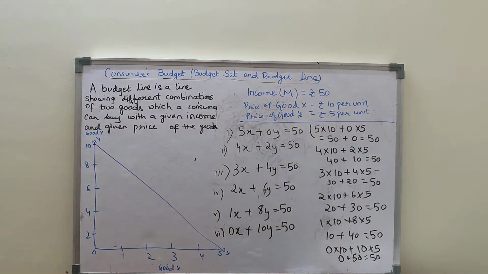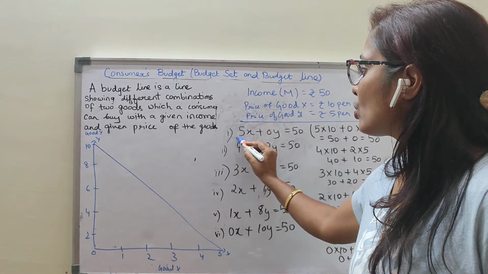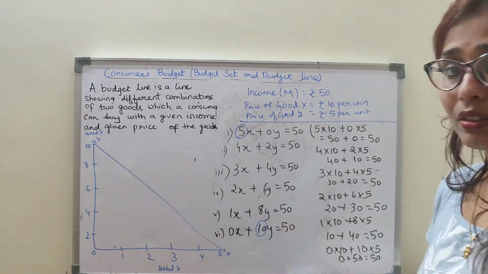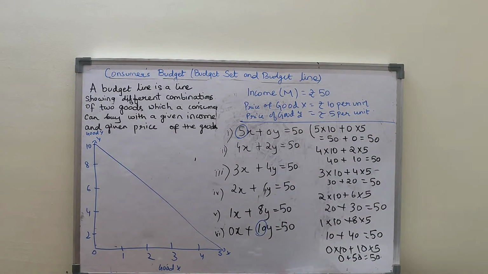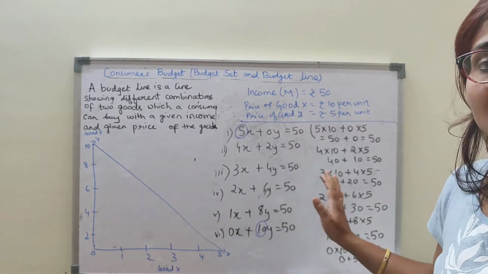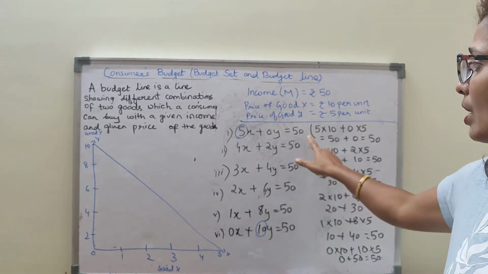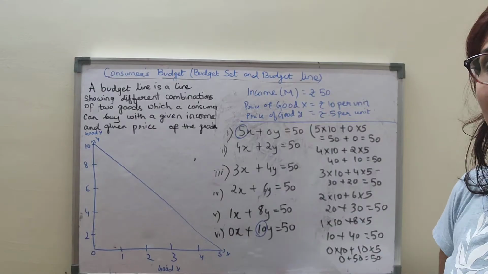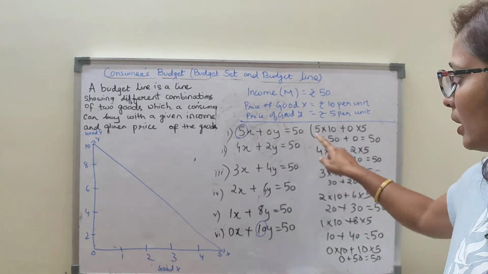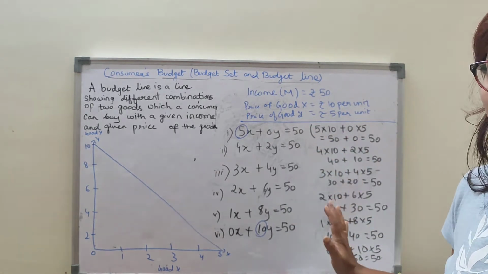So what you can see here is that the maximum units of X the consumer can buy is 5 and the maximum units of Y he can buy is 10. Clear? Now these are the various combinations of X and Y that the consumer can buy with his given income. Remember, there is an assumption in the budget line that the consumer needs to spend his entire income.